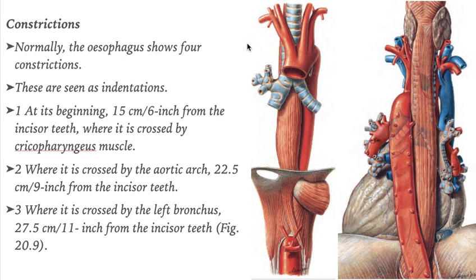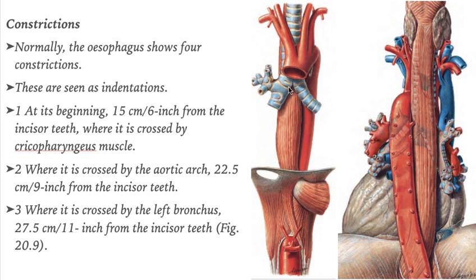Normally, the esophagus shows four constrictions. They are seen as indentations. The first is at the beginning, 15 centimeters or 6 inches from the incisor teeth, crossed by the cricopharyngeus muscle. The second is where it crosses the aortic arch, about 9 inches from the incisor teeth.